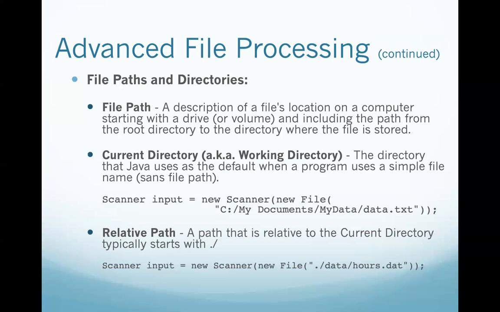Please do not set up a file path like you see here in Scanner input equals new Scanner, new File, C:, my documents, my data, data.txt. Don't do that, because on your computer, that text file, data.txt, in a folder called my data might exist, but when I try to run your programs, those files may not exist.